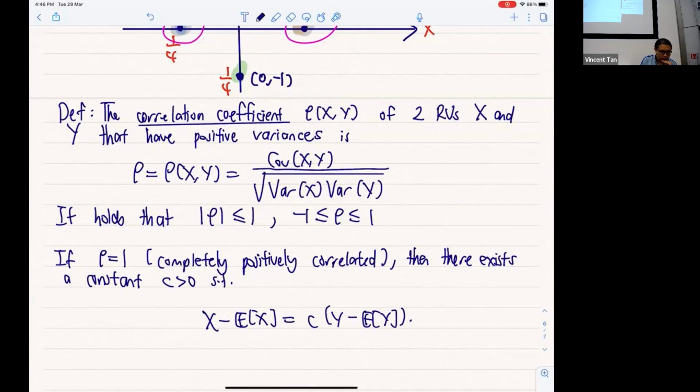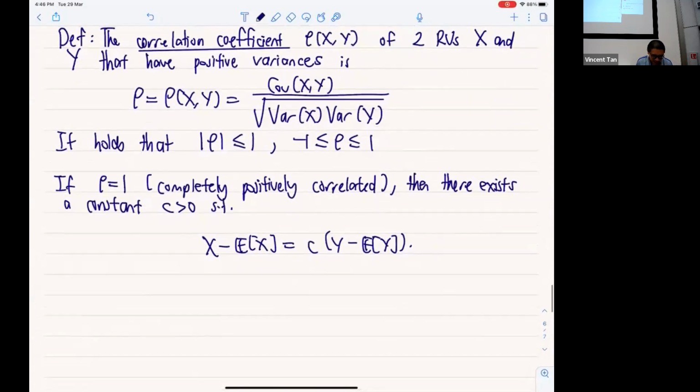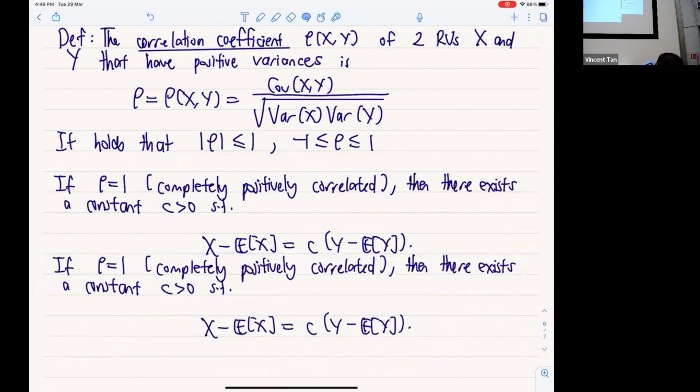You can also do the same for completely negatively correlated. If rho is exactly equal to -1, then we are completely negatively correlated, then there exists a constant C less than 0 such that the same equation holds.